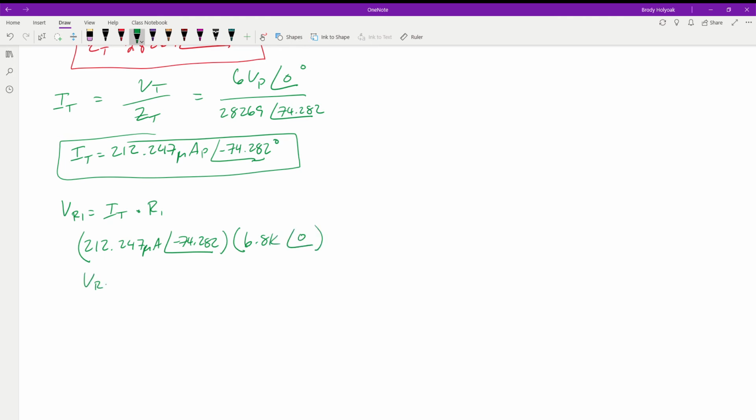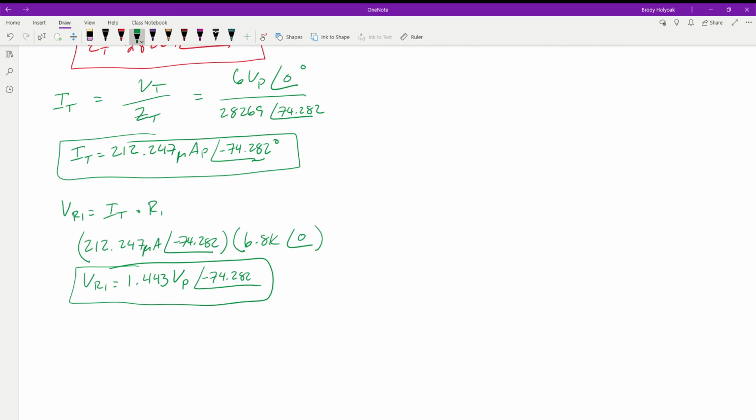So VR1 comes out to be 1.443 volts, and this is peak voltage, at an angle of negative 74.282 degrees. That means when we hook this up to the scope and measure it, using the math functions, we're going to end up with a value of 1.443 volts at this angle.